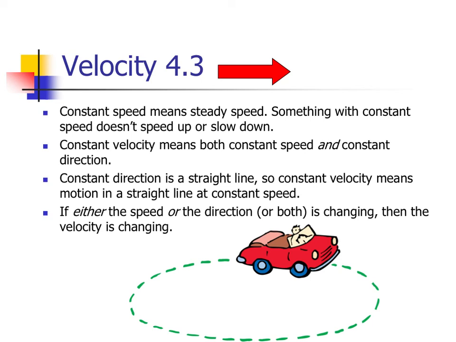Because in the circle, the direction is constantly changing. The direction is always changing. It's changing its velocity. The speed can be constant. It can never change, and it's still going to have that aspect to it.